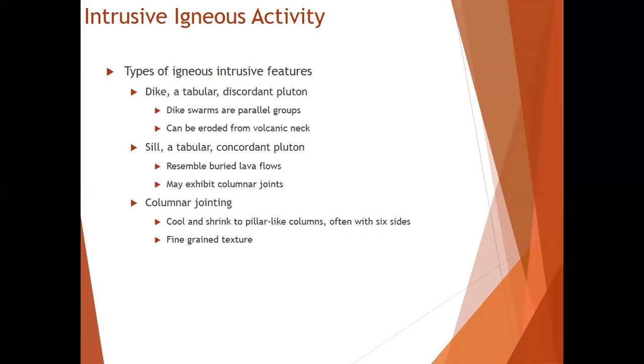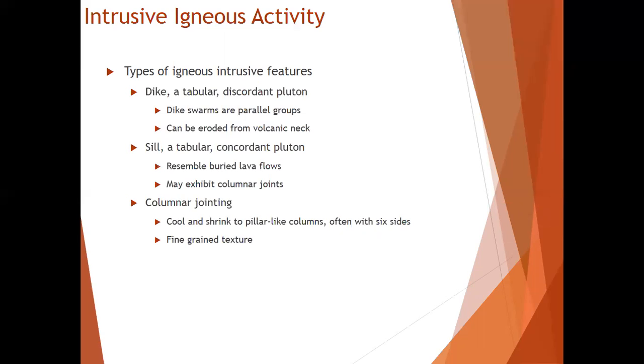Sometimes they are the result of erosion from a previous volcanic neck, so that structure that brought the magma from beneath the volcano up so that it could erupt as lava. They can also occur as sills, which are tabular concordant plutons. They look kind of like buried lava flows.